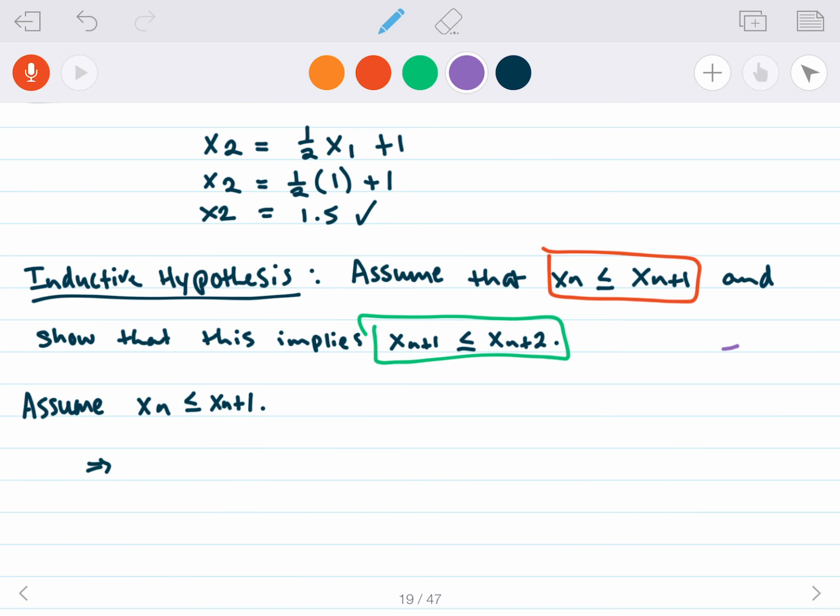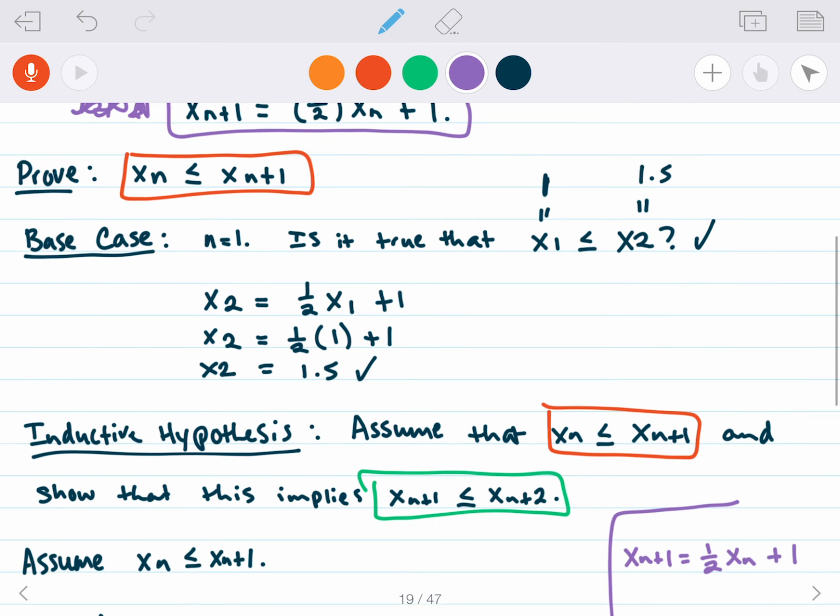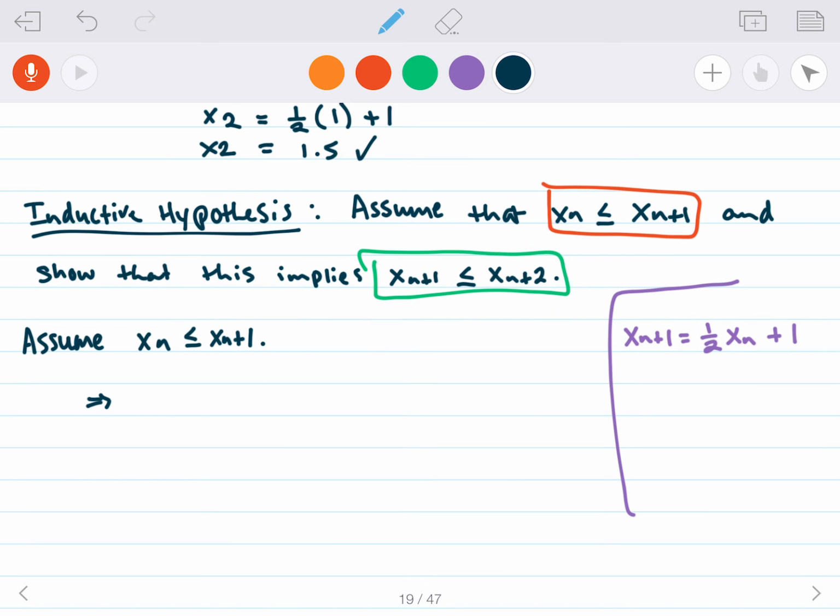So this is off to the side. We have x sub n plus 1 is equal to a half times x sub n plus 1. So if I multiply by a half, I'm getting a half x sub n is less than or equal to a half times x sub n plus 1.